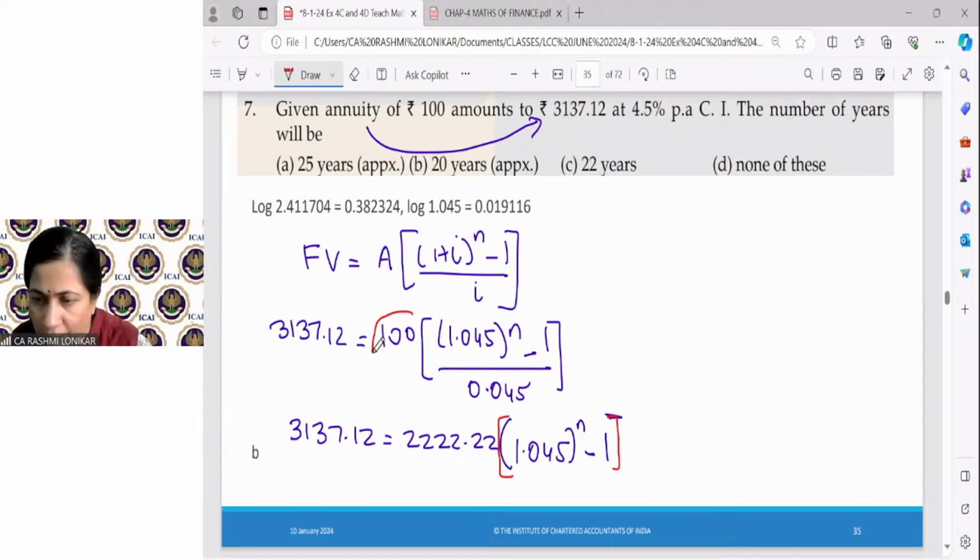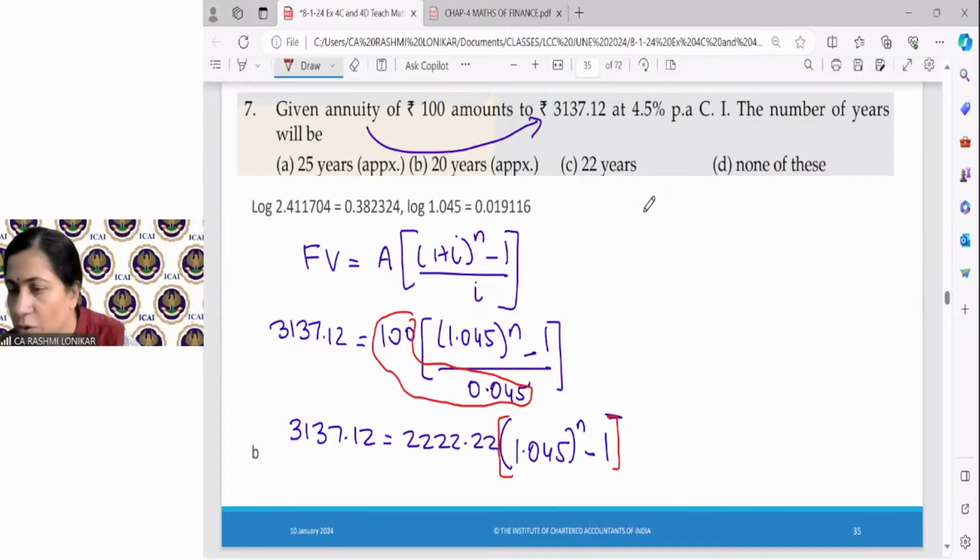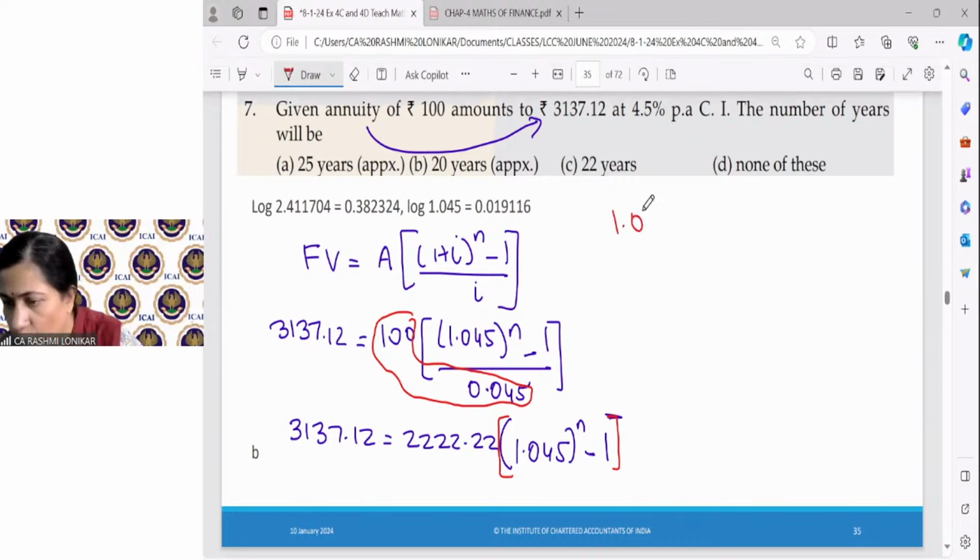What I have done is taken this 100 and this 0.045 and solved it; 100 divided by 0.045 gives me this much. So now I have 1.045 raised to n minus 1 equal to, now this number is going to come into the denominator.